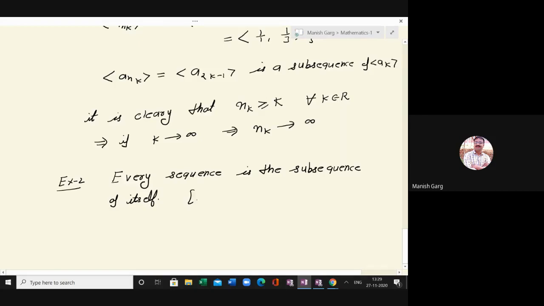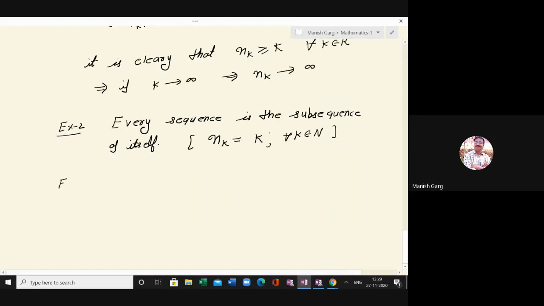Here, what will be the nk? If you take nk equal to k for all k an element of N, the same, it will be a subsequence.